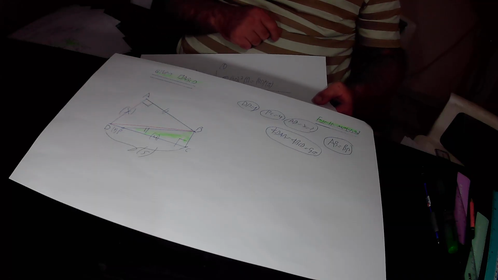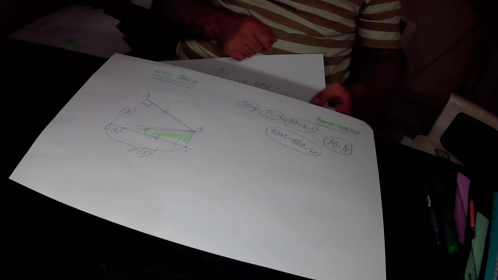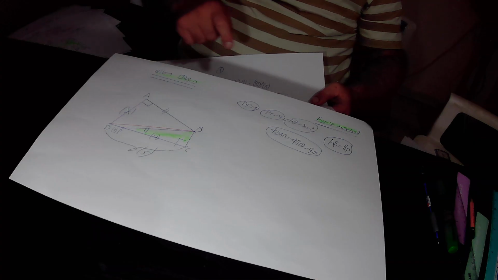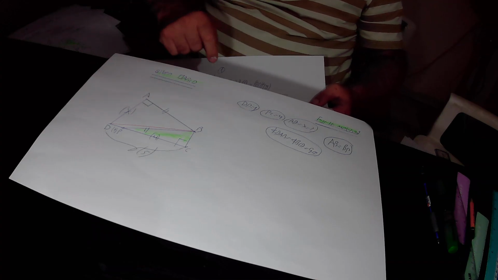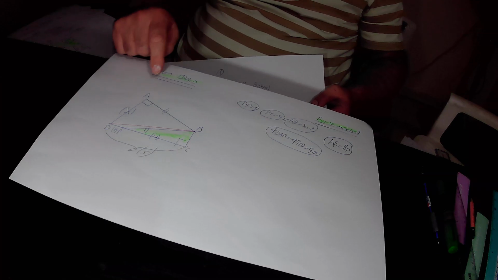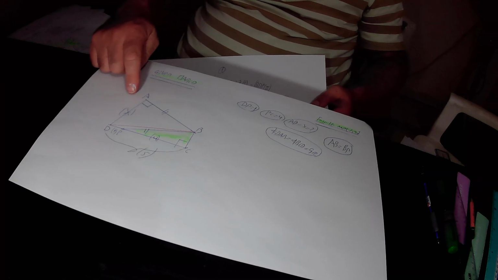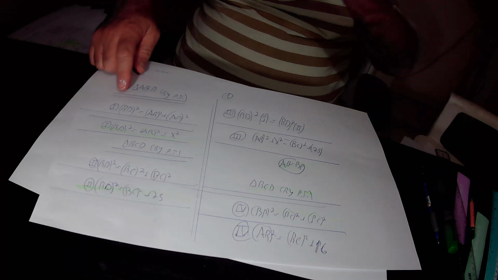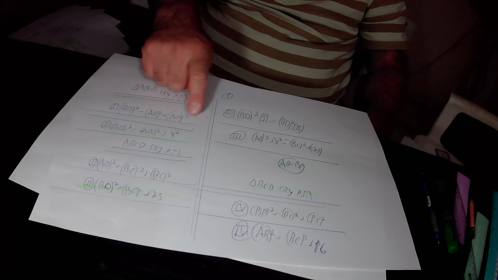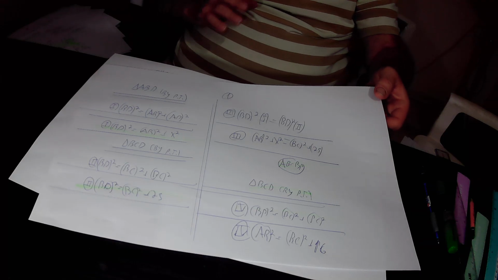BD is the missing hypotenuse, so leave it as it is. But AD is x, therefore AD squared is x squared. So BD squared equals AB squared plus x squared. This is equation 1.